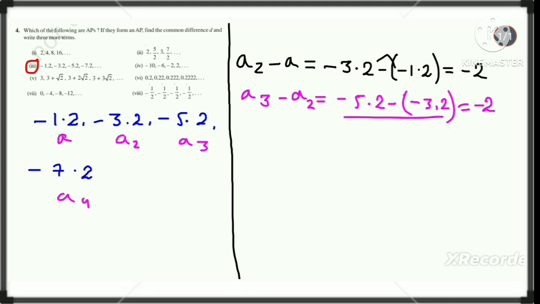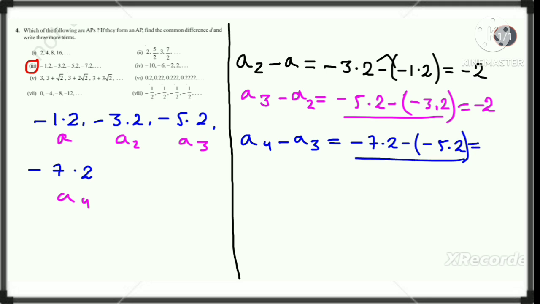Now the difference between A4 and A3. A4 equals minus 7.2 and A3 equals minus 5.2, and again after solving these two we obtain minus 2.